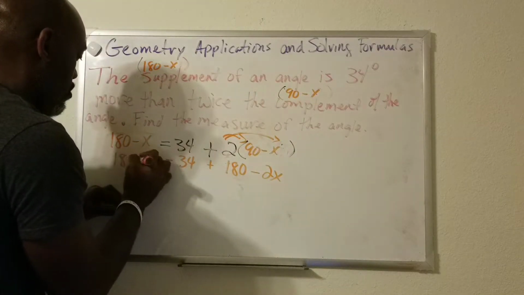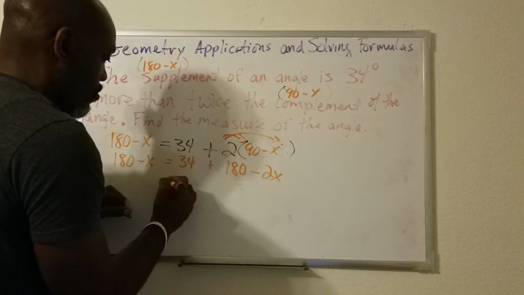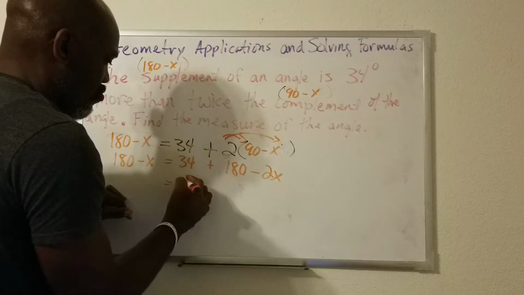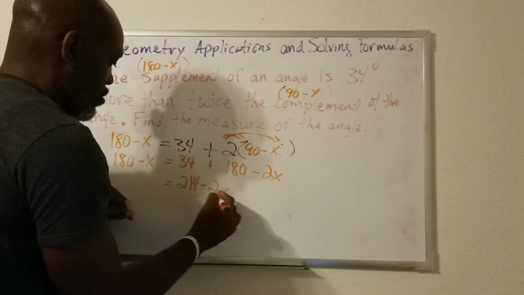So that's 180 minus x. So I'm adding these two together. That gives me 214 minus 2x.